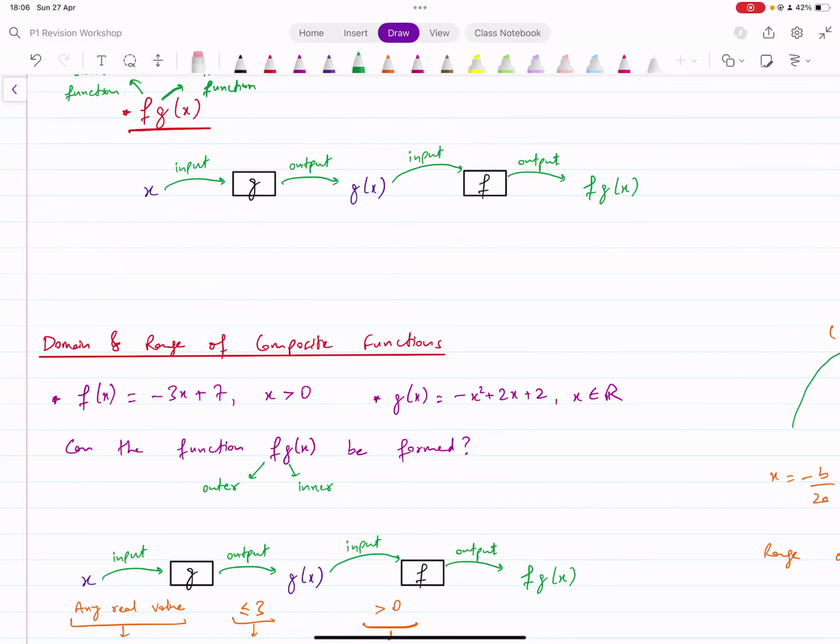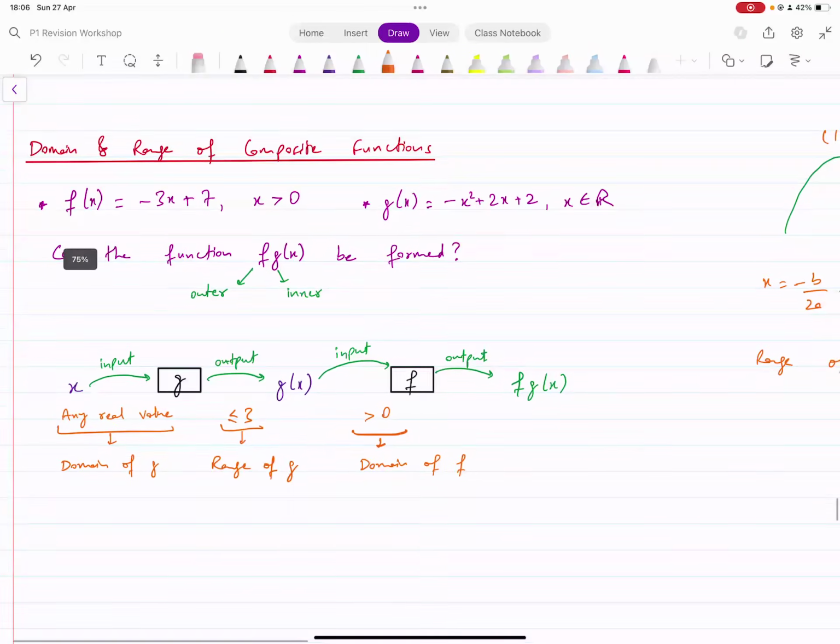So the range of the function g should be compatible with the domain of the function f. Otherwise, we would have a problem. The function f would not be able to take that as an input and the function would break.